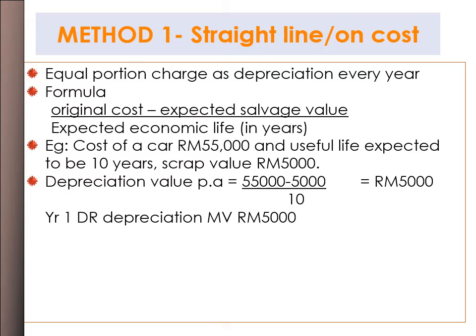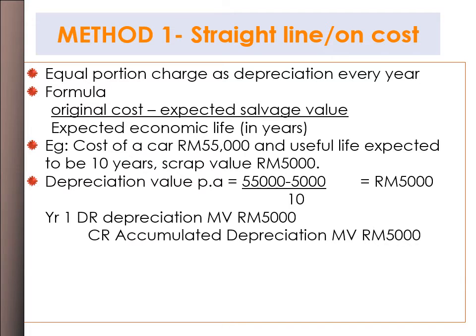So in year one, you will debit depreciation, motor vehicle, MV is motor vehicle, 5,000 ringgit, and credit accumulated depreciation motor vehicles, 5,000 ringgit. You need to differentiate among the non-current assets.